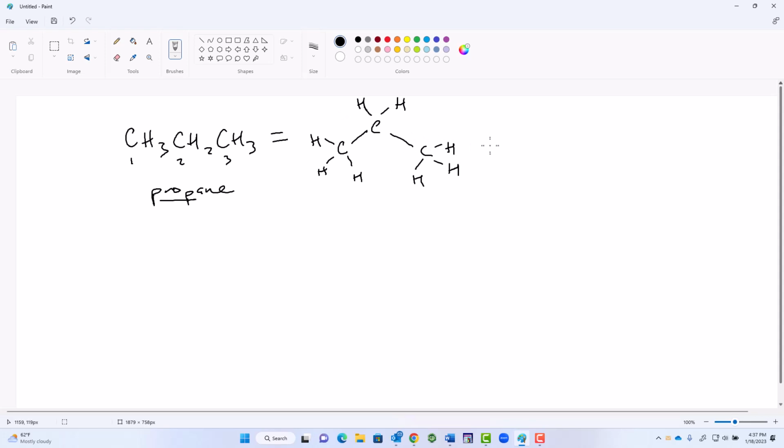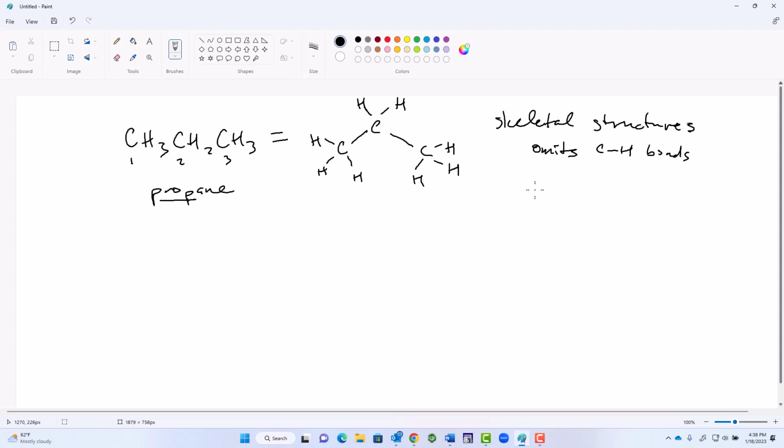So when we're drawing structures, often in organic chemistry, we draw what's called skeletal structures. And skeletal structures are going to omit some of the bonds. In particular, it's going to omit C-H bonds. So we don't have to draw in any hydrogens.